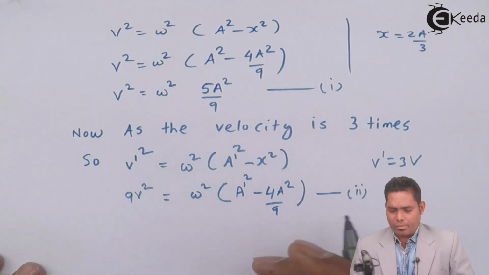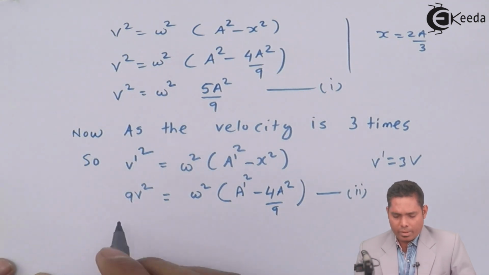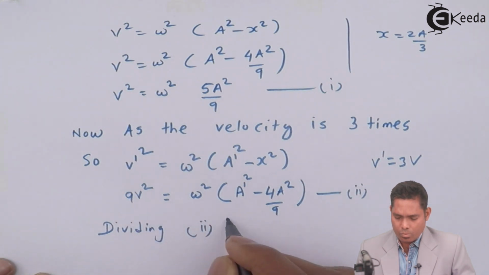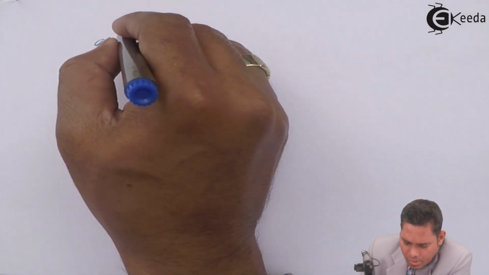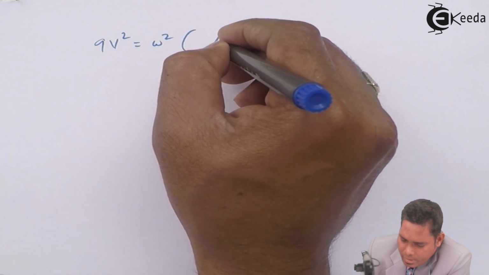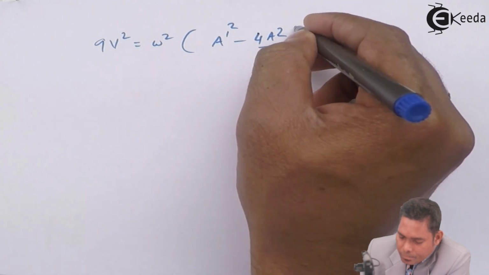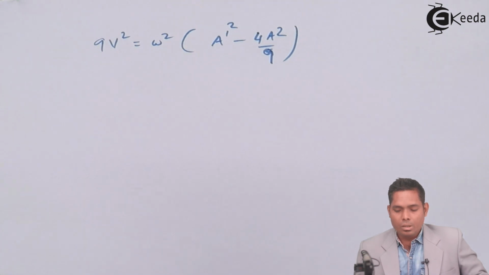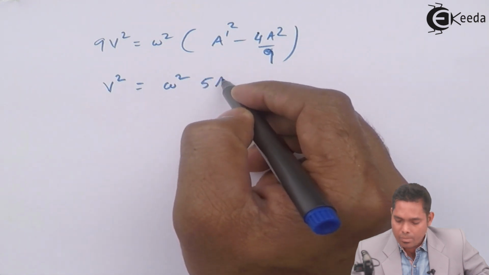From these two equations, if I divide them, I can solve for a dash. Dividing 2 by 1: equation 2 was 9v square equals omega square, a dash square minus 4a square by 9, and equation 1 was v square equals omega square into 5a square by 9.